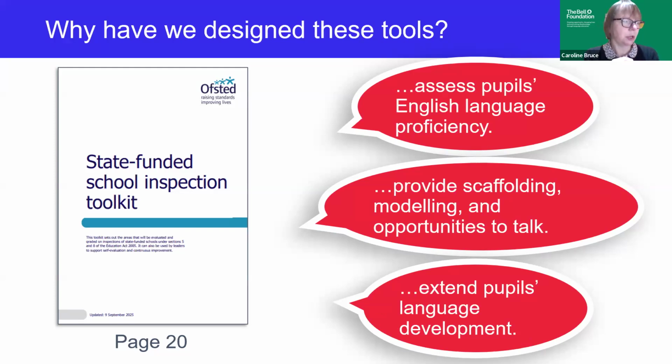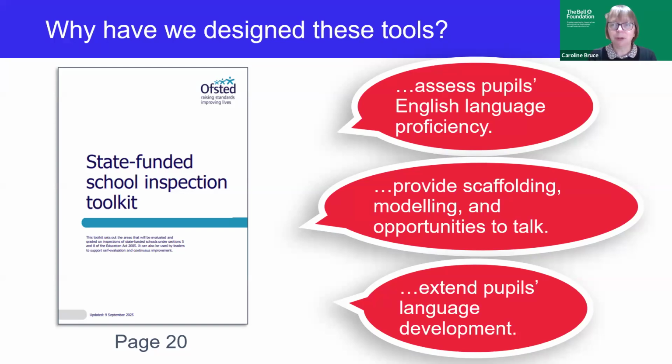So these updates show that there's a government recognised need for specific approaches to supporting learners who use English as an additional language to allow them to progress and thrive in school. State-funded schools will be assessed on these points during inspections, so it's important to consider how to make and demonstrate progress in these areas.